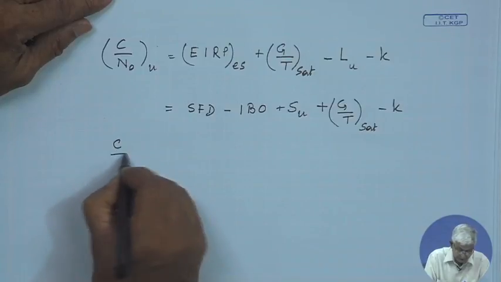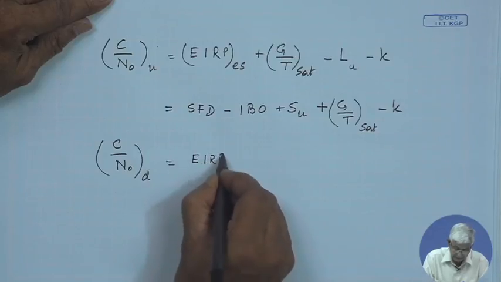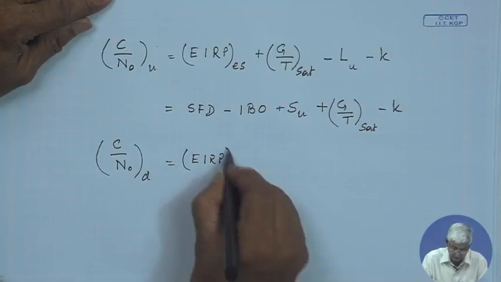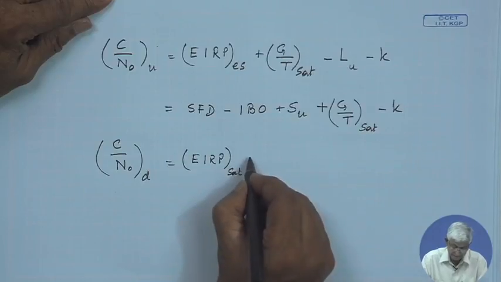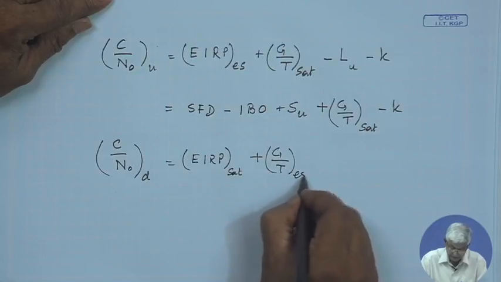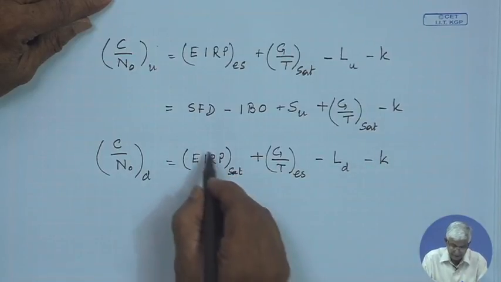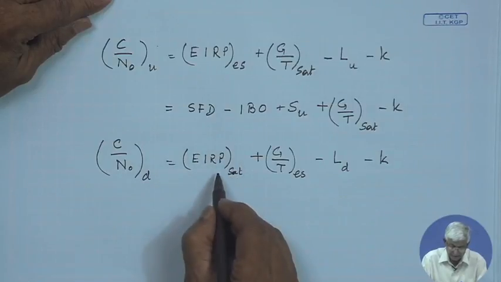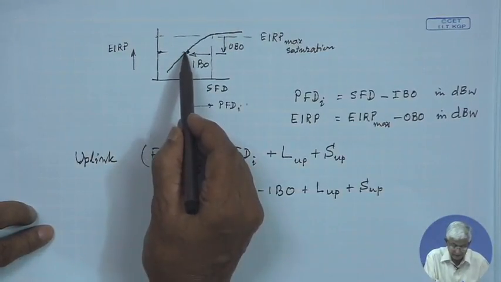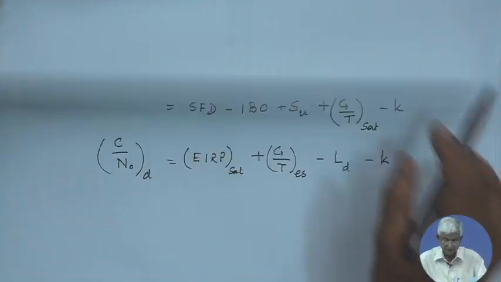So, the whole thing, C by N naught uplink, is in dB hertz. Correspondingly we can write C by N naught of downlink as EIRP of the satellite, that is the operating point of the satellite, plus G by T of earth station, it is downlink, minus L of downlink minus K. This EIRP of the satellite operating point is EIRP maximum minus output backoff.